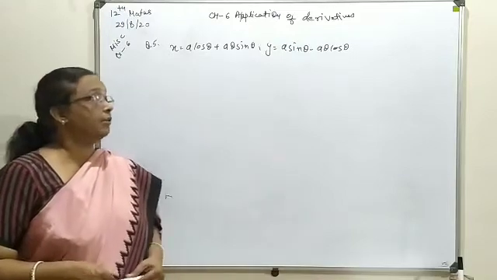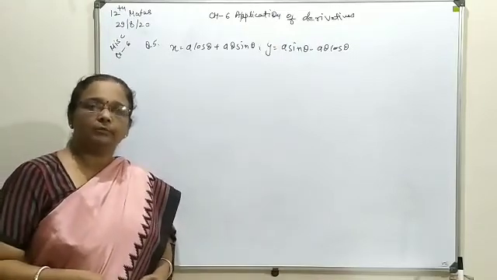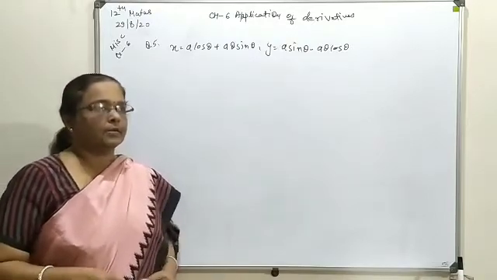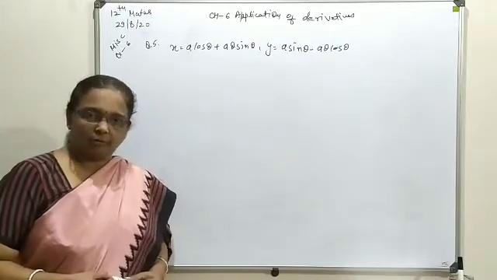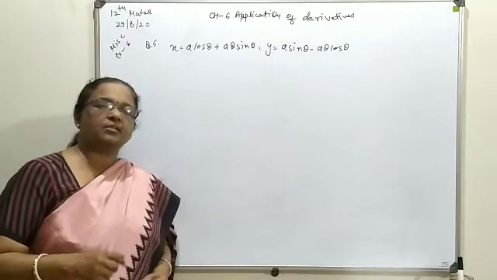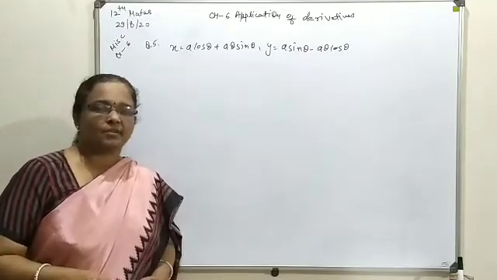So first we will find out dy by dx, and on the basis of that we will define the slope of the normal. Secondly, convert this equation of the normal into the standard equation of a line, and from this line we will find out the distance from the origin, and that is to be proved as a constant quantity.